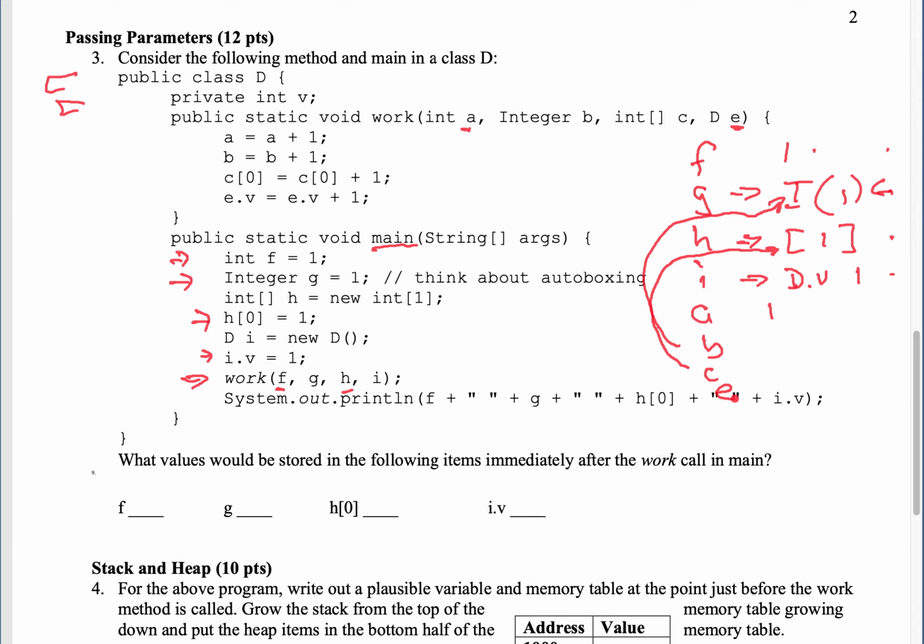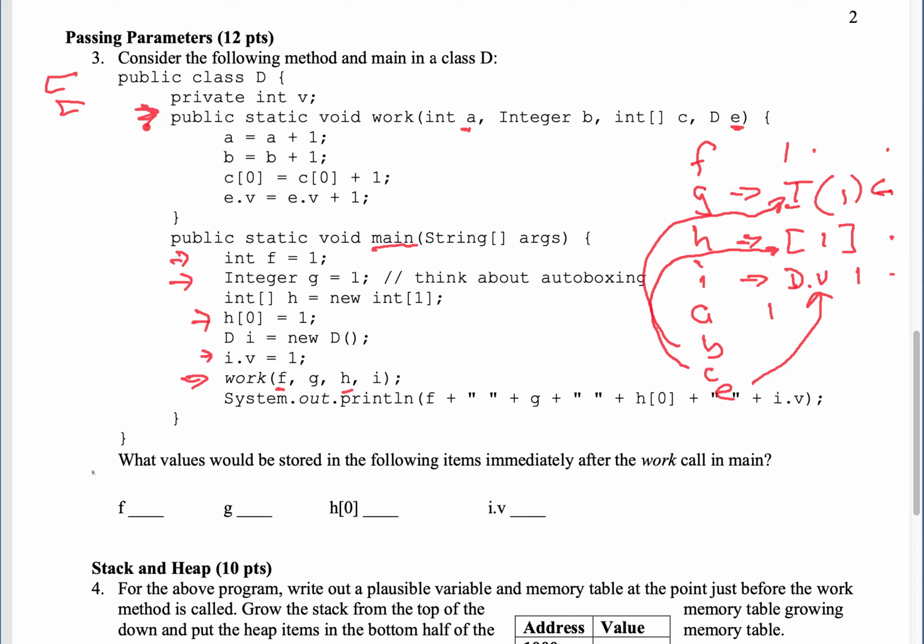E, okay, I'm just going to go straight there this time. Gets reference to that D object. All right, so that isn't even what work does. It's just how the parameters get set up, right? The values, either the primitive value or the reference, gets assigned to the parameter in work.